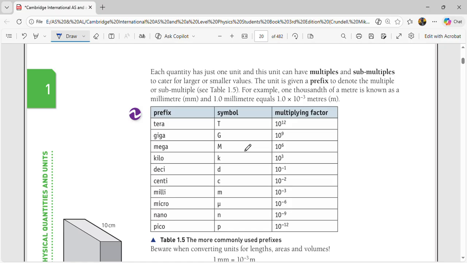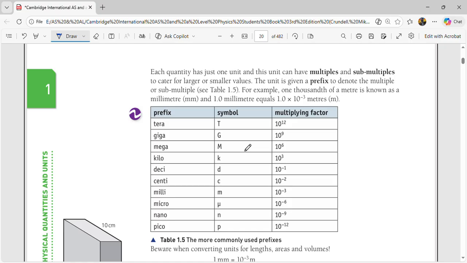When we are converting from bigger units to smaller units, we multiply by the multiplying factor. But when we are converting from a smaller unit to a bigger unit, we divide by a suitable factor.